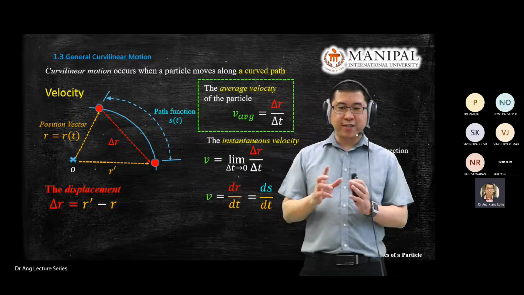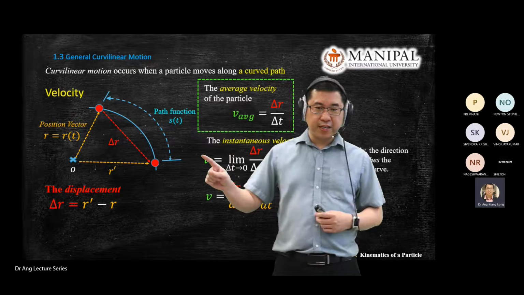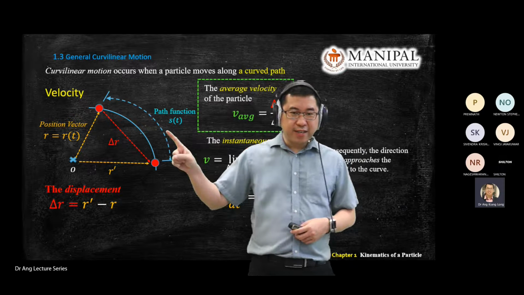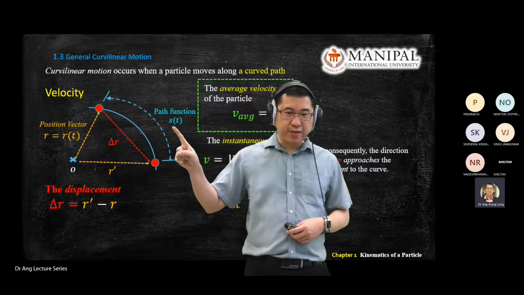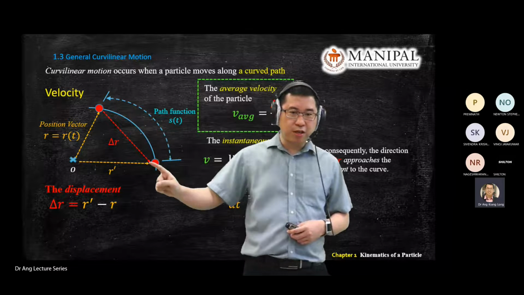When you learn about trigonometry, you know that s, you can calculate in radians, s equals r theta when you have a very, very small curve.